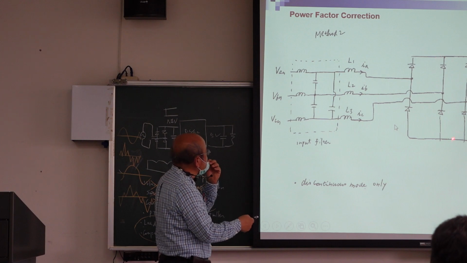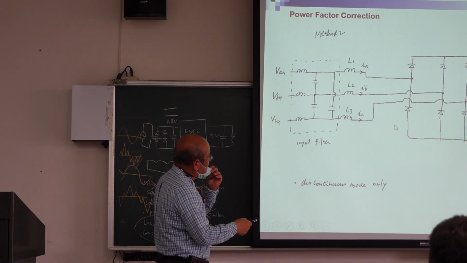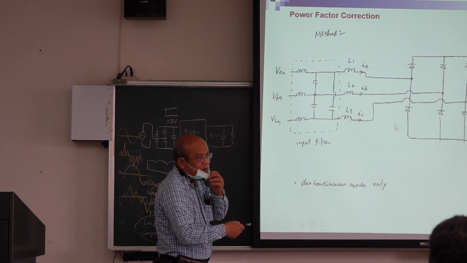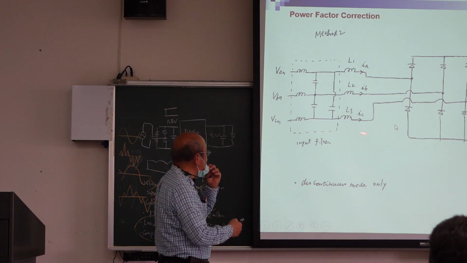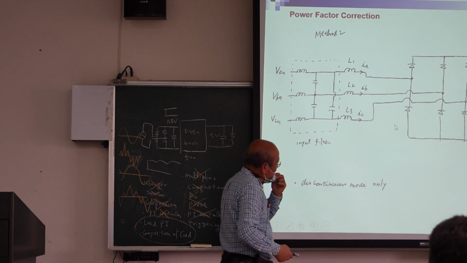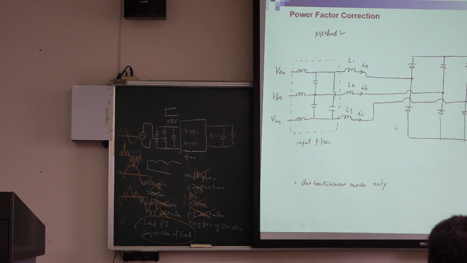We also can use this, but it should be very low power. We cannot use it for high power. Why cannot we use it for high power? The reason is like this. If you have a current here, I need 10 ampere. But now you use discontinuous. What is the peak? More than 20 ampere.